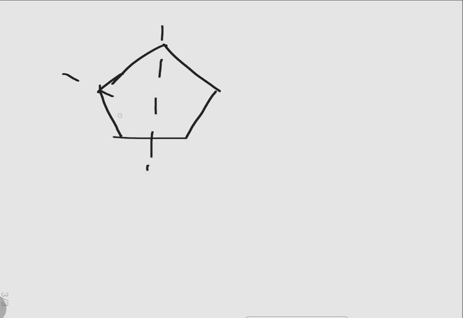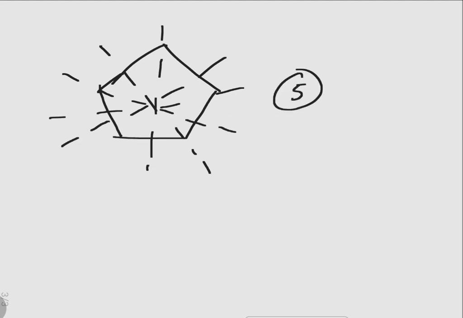So if we take a regular pentagon, we can draw 5 lines like this, and for a pentagon there are 5 lines of symmetry.